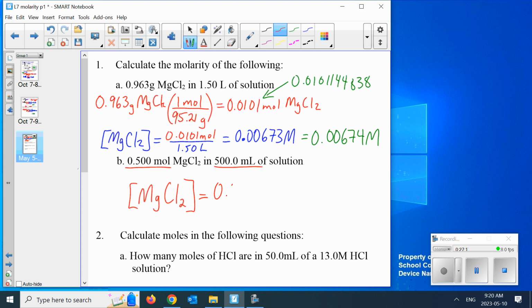So I'm going to take the 0.500 moles, divide by 500 mils, but that's 0.500 liters. I can do this one in my head as one. But it's not just one, it's one of three significant digits, 1.00. I'm going to put the big M, a 1 molar solution.